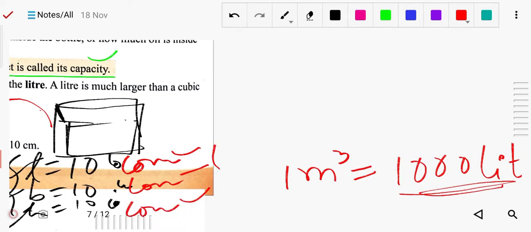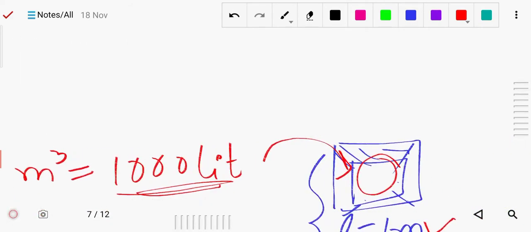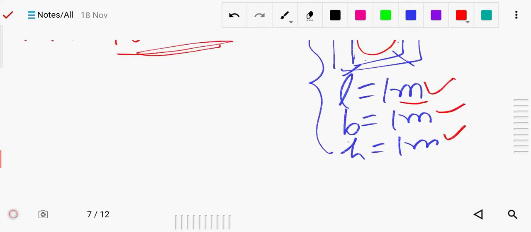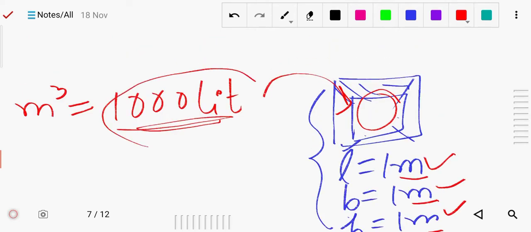One container has dimensions 10, 10, 10, and the other has 1 meter, 1 meter, and 1 meter, so it can hold 1000 liter.